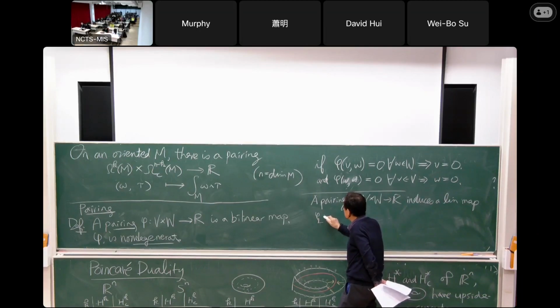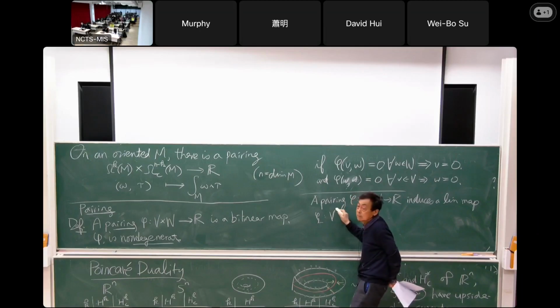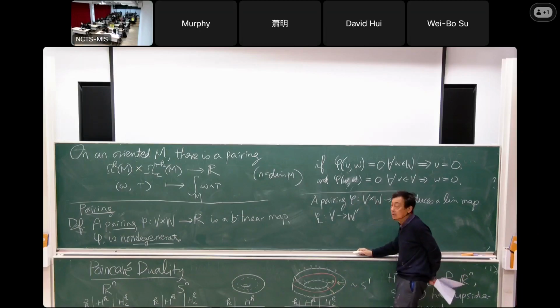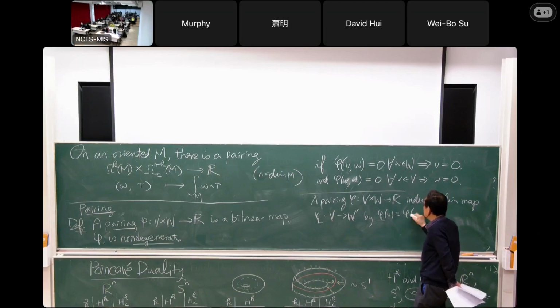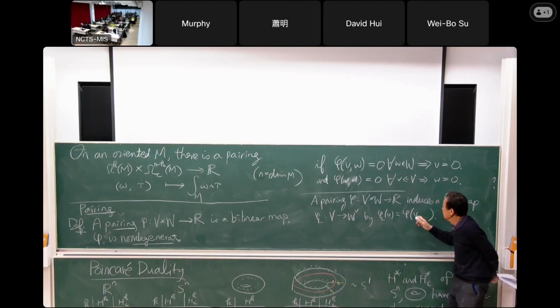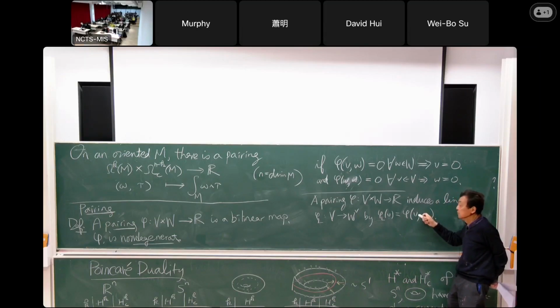The left map goes from the left vector space V to the dual of W, by phi L of V is the pairing with V. So this is a linear map on W. You put in a W here, you get a real number.